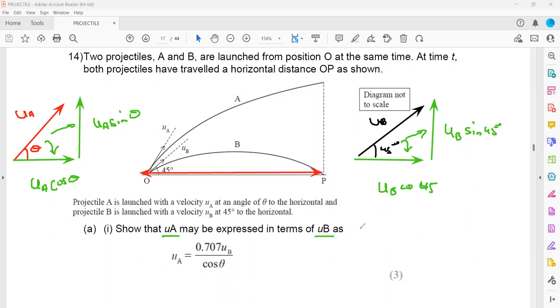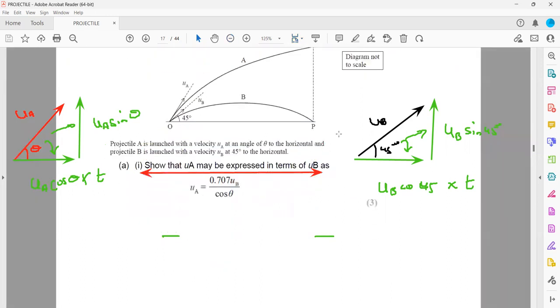So if they have the same range, how will I get the range of UA? Range is speed multiplied by time. Horizontal component of the speed multiplied by time t. And here also horizontal component of the speed multiplied by time t. As both have the same range, I can simply compare them, like both cover the same distance.